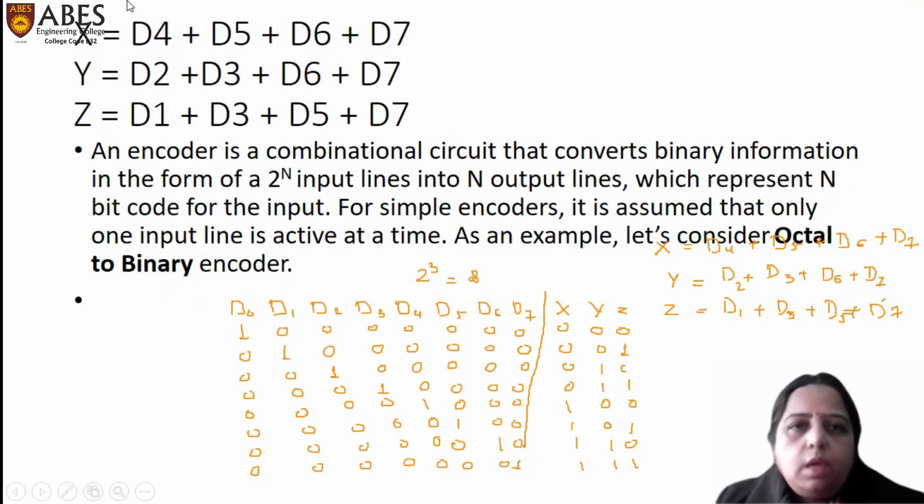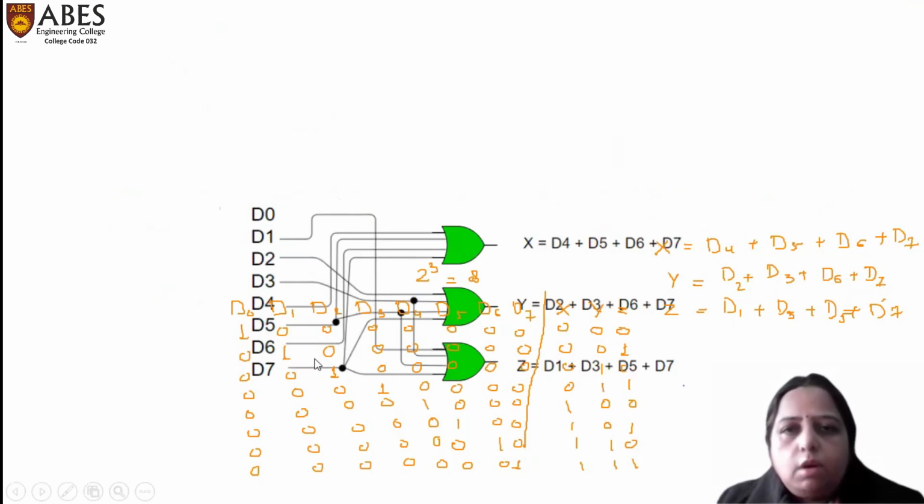Here we can see the outputs: X is equal to D4 plus D5 plus D6 plus D7, Y is equal to D2 plus D3 plus D6 plus D7, and Z is equal to D1 plus D3 plus D5 plus D7. Based on this, we can draw the logic diagram. So this is the logic diagram.